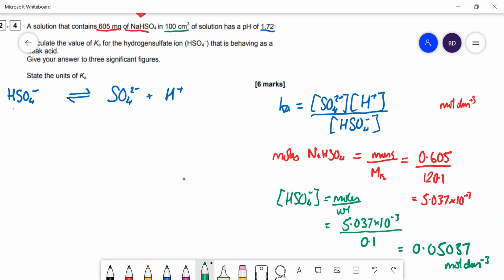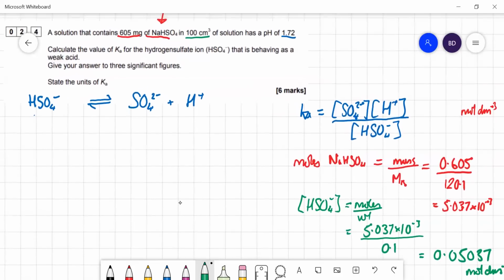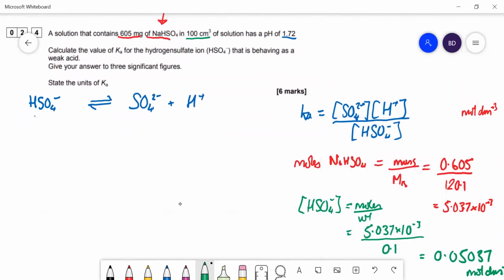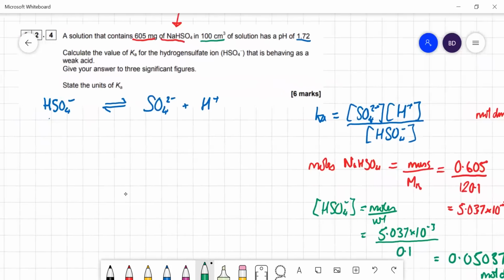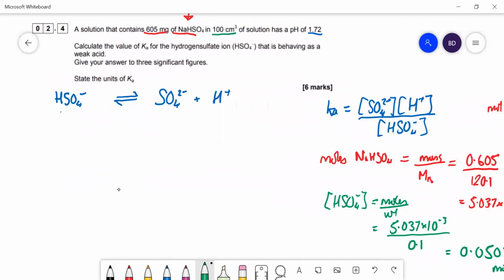Now we've got to work out Ka here. Let's see what's happening. We're going to write down the initial concentration of these things. The initial concentration of the hydrogen sulfate ion is 0.05037.